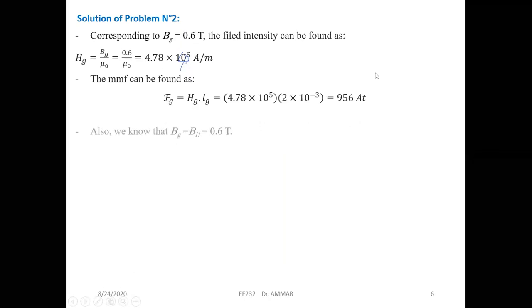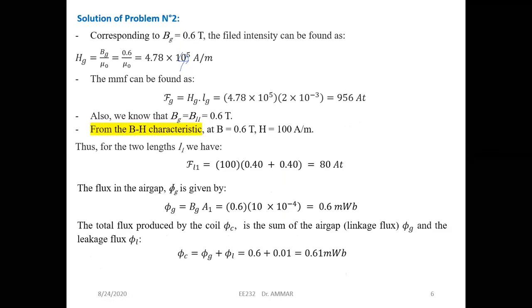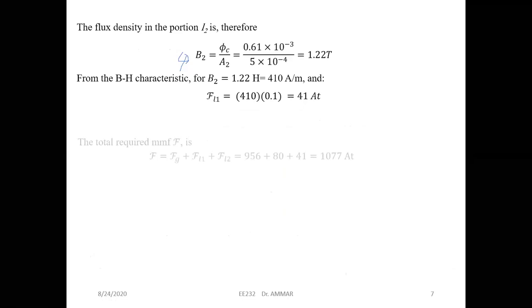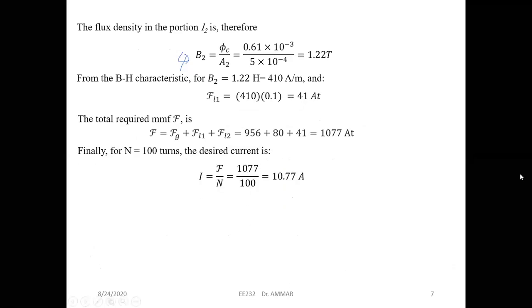Okay, I will correct it. So the total current is equal to the total MMF over N, which is 1077 over 100.